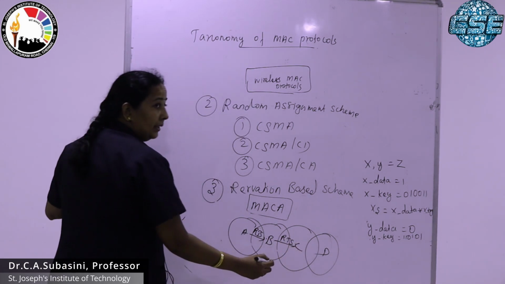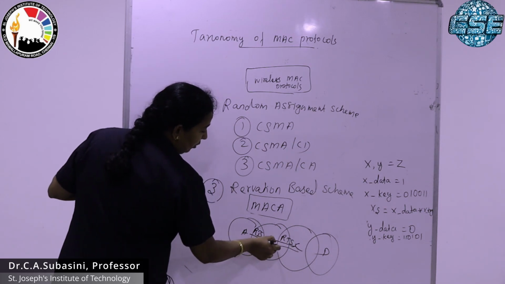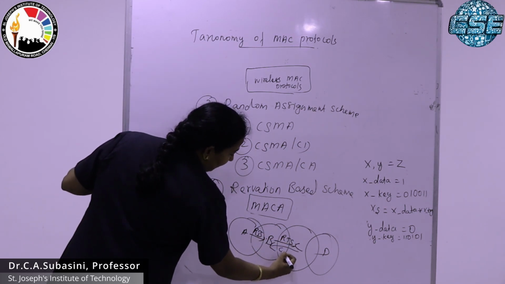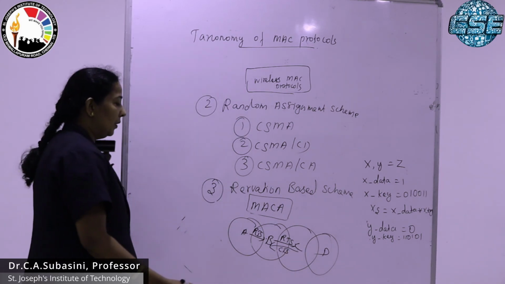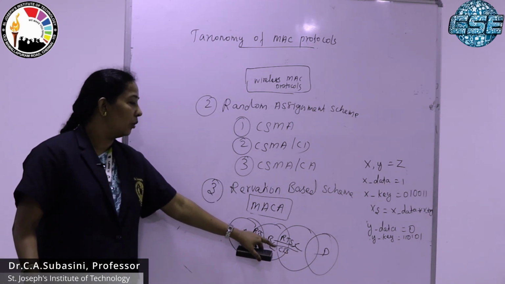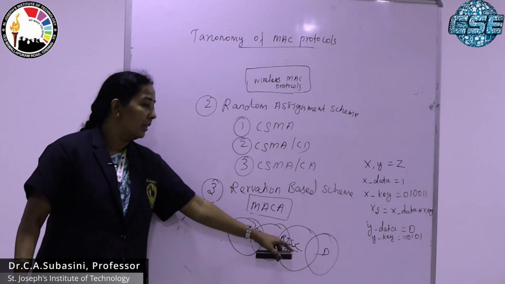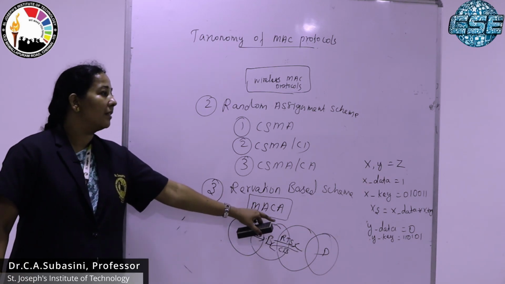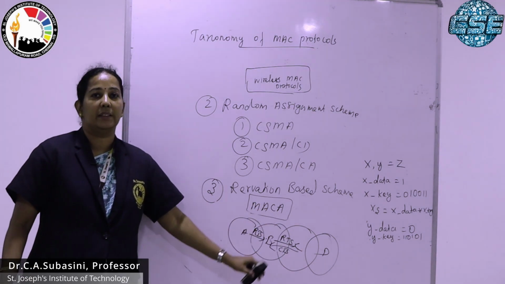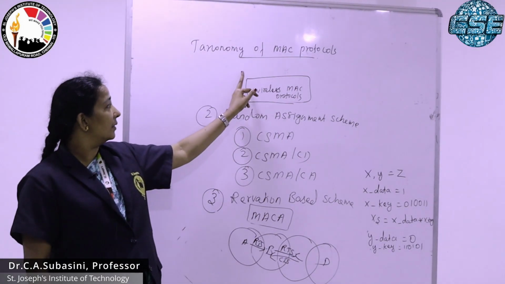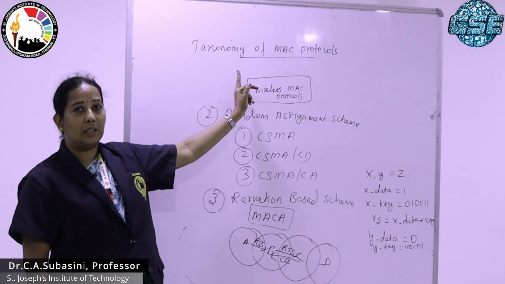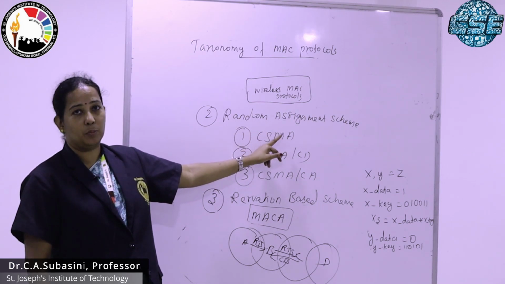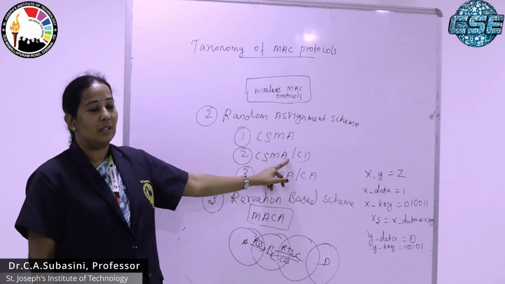Whenever any channel sends to B, the channel which receives a CTS message only then sends the data to C. So this is called MACA, the exposed terminal problem solving technique. So up to this, the taxonomy of MAC protocol, then MAC protocol issues. After completing this, hidden and exposed terminal problem solving is completed. So thank you.